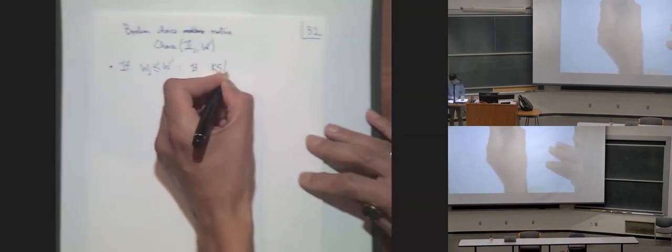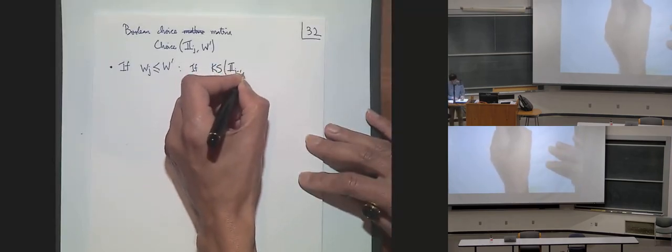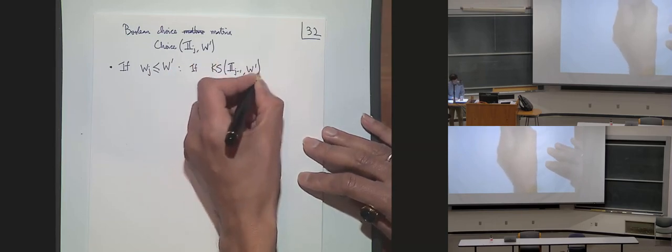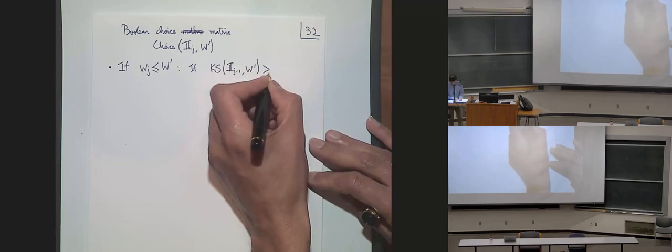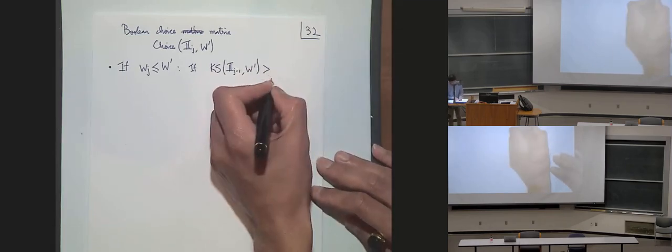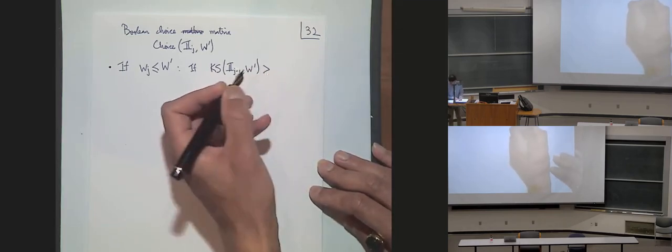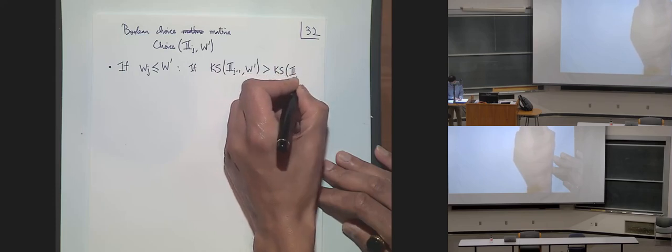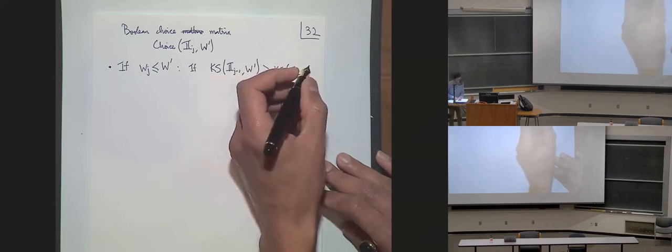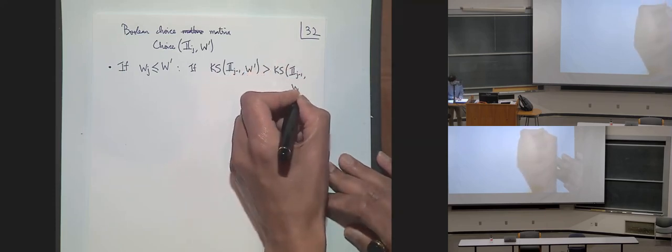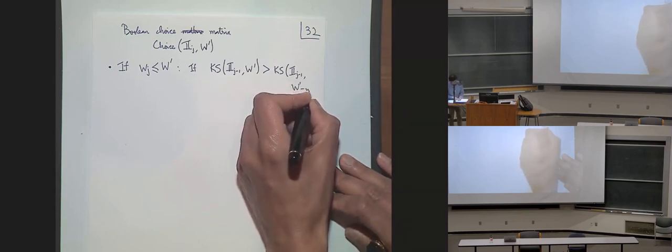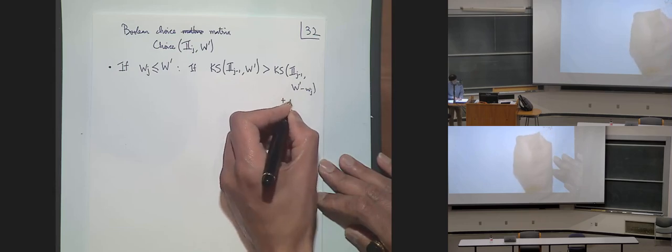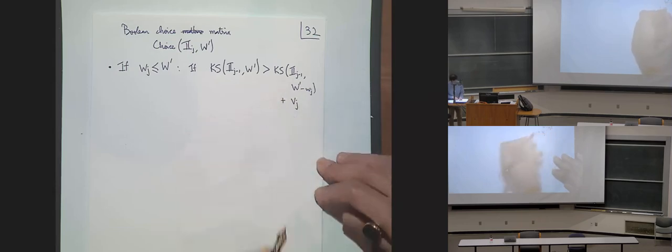So if the KS matrix [i][j-1][W'] is, let's say, greater than the knapsack with [j-1][W' - Wj] plus Vj.